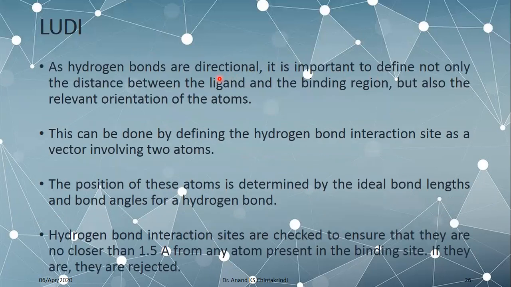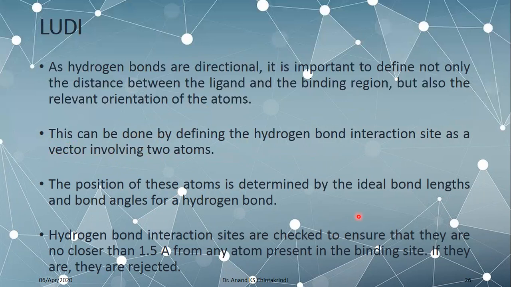Now, as hydrogen bonds are directional, it is important to define not only the relative distance between the ligand and the binding region, but also the relative orientation of the atoms. Now, this can be done by defining the hydrogen bond interaction site as a vector involving two atoms. Why a vector? A scalar has just magnitude. A vector is magnitude with direction. It involves two atoms. The position of these atoms is determined by the ideal bond length and the bond angle required for the hydrogen bond.